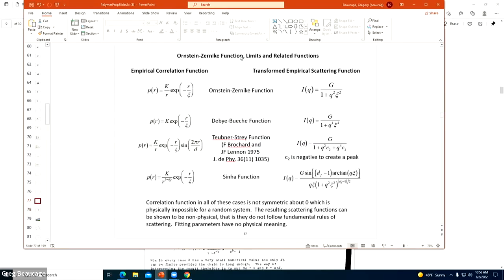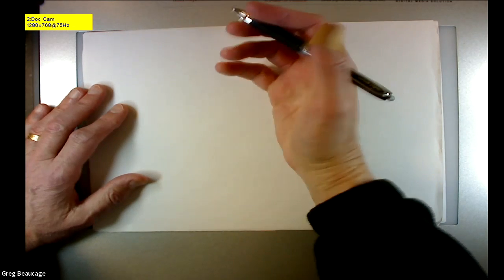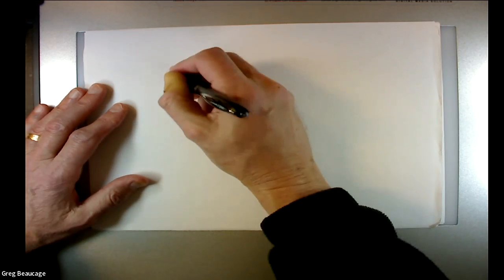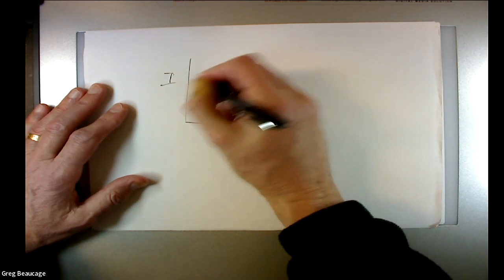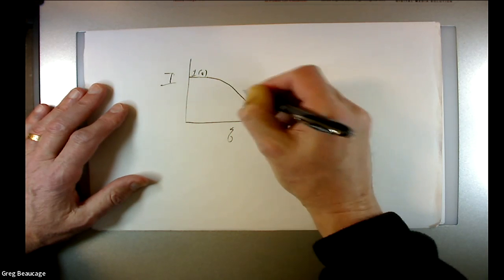Then the other thing. Last time I mentioned this, the last thing in scattering, then we'll do viscosity stuff. So we have I(Q), and then we have this I naught thing, and I'm going to say it's -2.